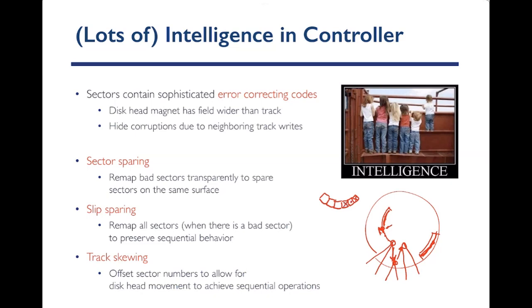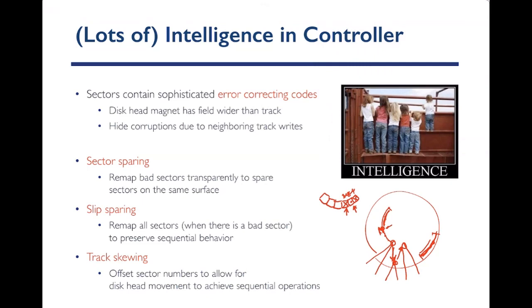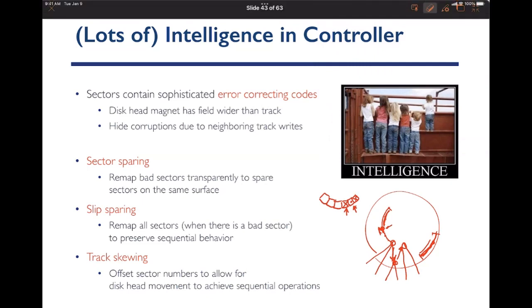Now, if you number these sectors 1, 2, 3, now that you're here, you have to wait for another rotation for 2 to come back to be able to read 2, because you've already missed it. With track skewing, the hard disk controller numbers these sectors differently.